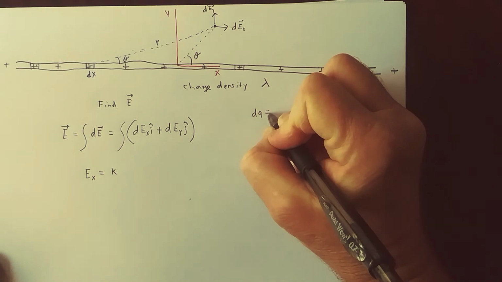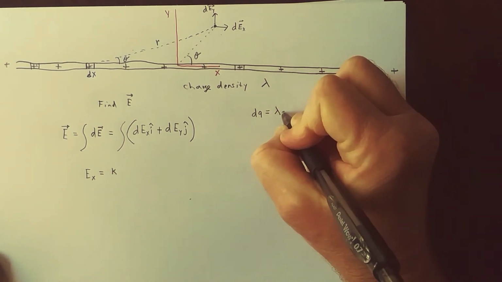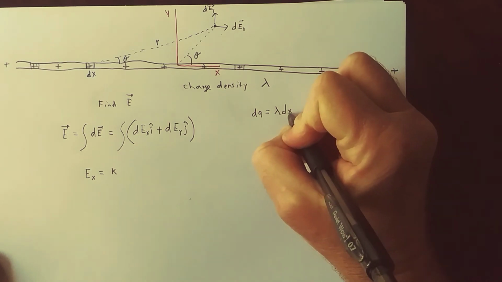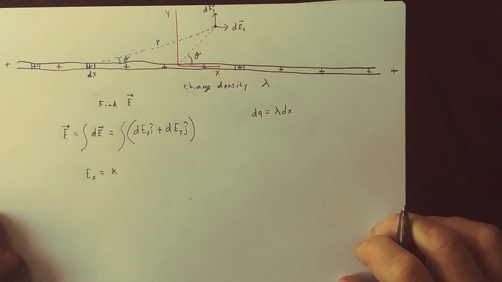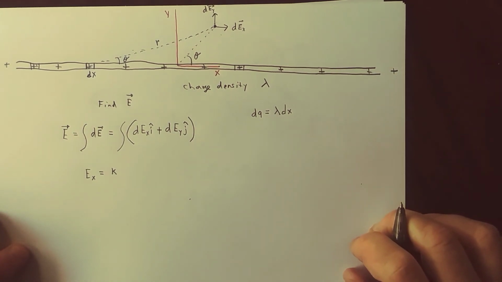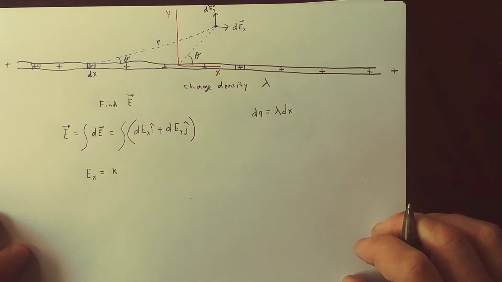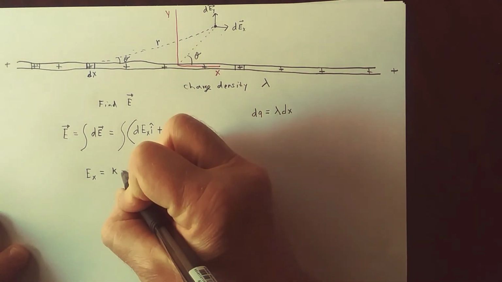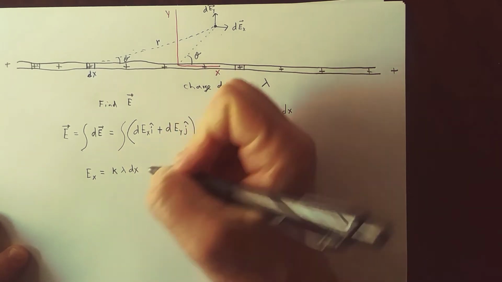Well, dq is equal to the density times the length. But that's an infinitesimally small length. So that's how much charge we have. We have to write everything in this integral in terms of x because we're integrating in x. We have to write things down in terms of how they depend on x. So we have k lambda dx for dq.